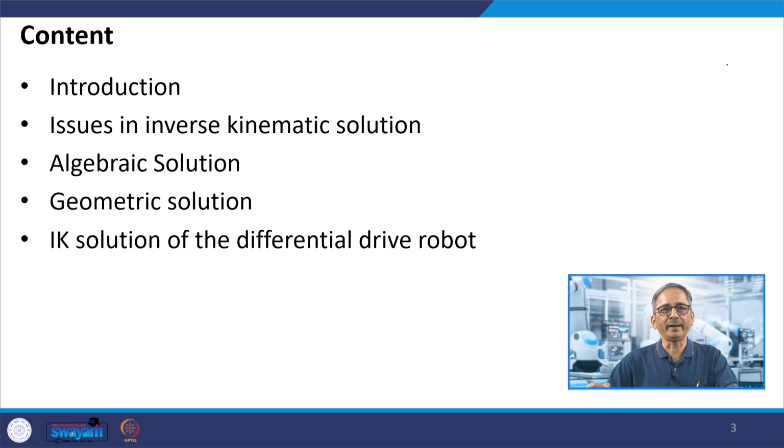I will introduce the topic, then we will see the various issues, then look at the algebraic solution for the inverse kinematics, then the geometric solution, and finally the inverse kinematic solution for the differential drive robot.